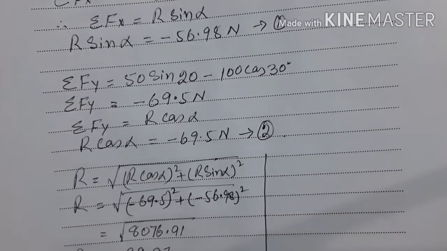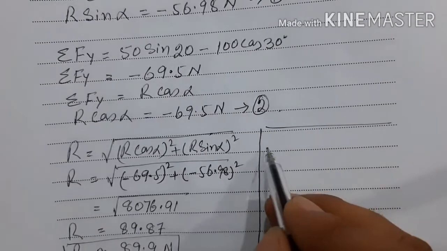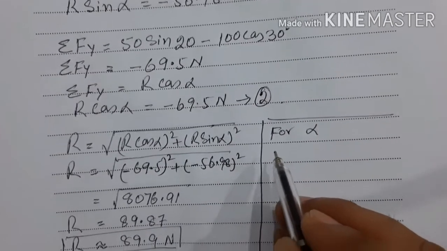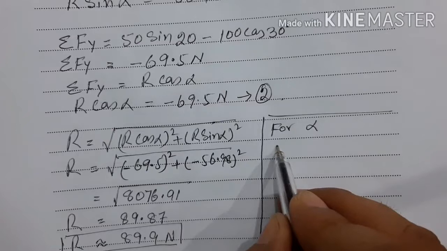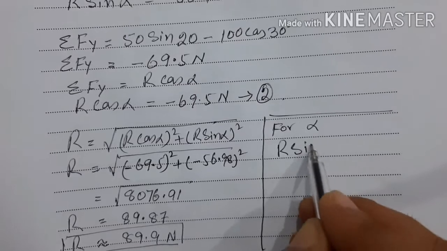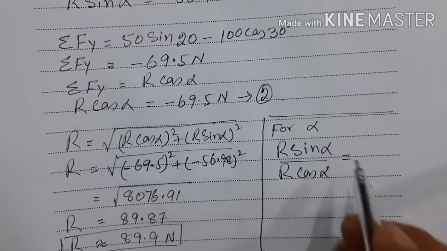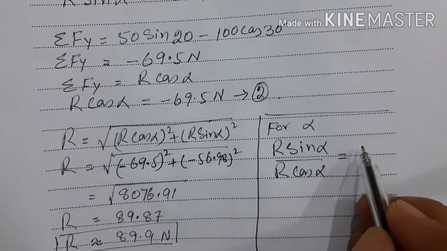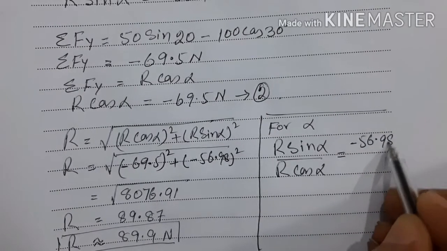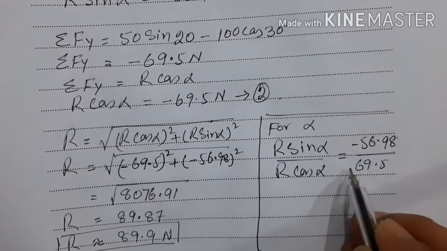Now for alpha, we'll divide 1 by 2, meaning R sin alpha over R cos alpha is equal to minus 56.98 over minus 69.5.